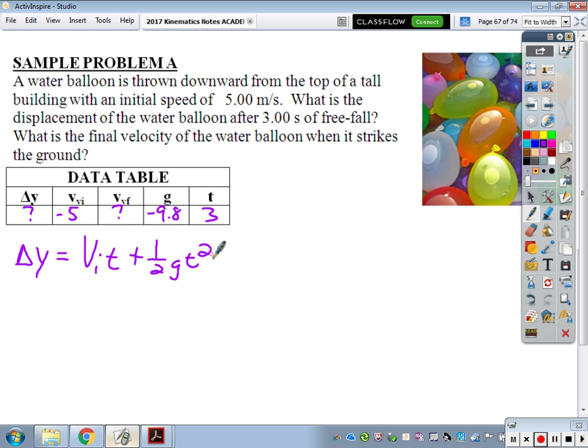Well, let's go ahead and substitute in since we seem to have everything. So that'd be negative 5 times our value of time of 3 seconds plus 1/2 times negative 9.8 all times 3 squared. Once we have that set up, pluggy chuggy.